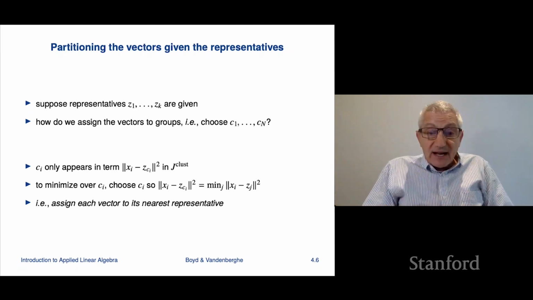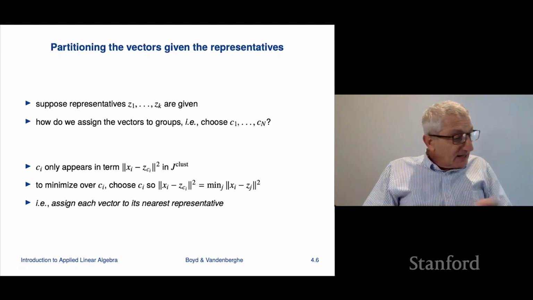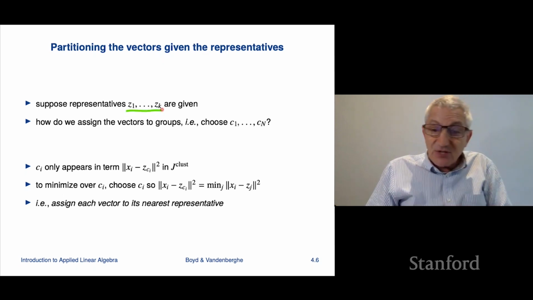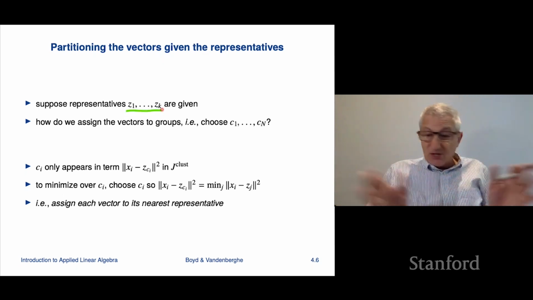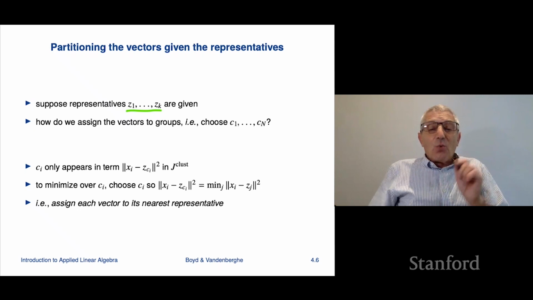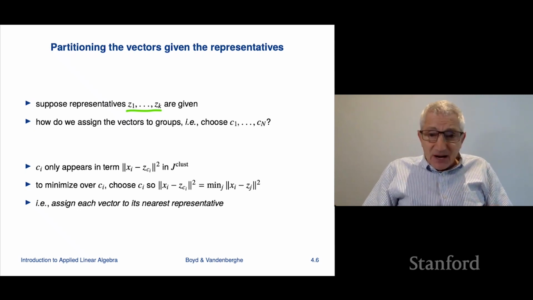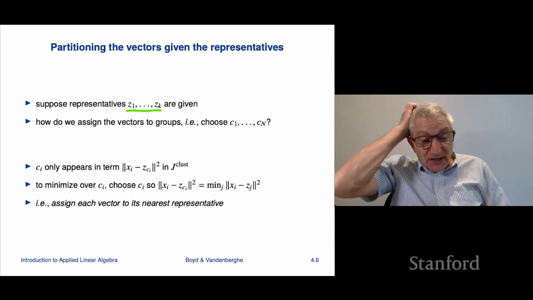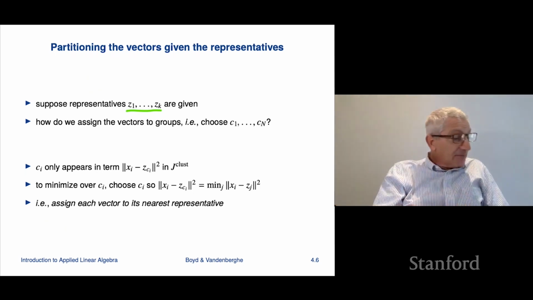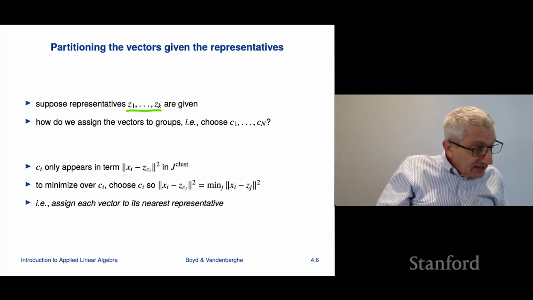So we're going to start right now by saying, suppose we knew the representatives, z1 through zK. We're not going to mess with them. They're just fixed. And the question is, what assignment would minimize J cluster? And the answer is actually easy to figure out.